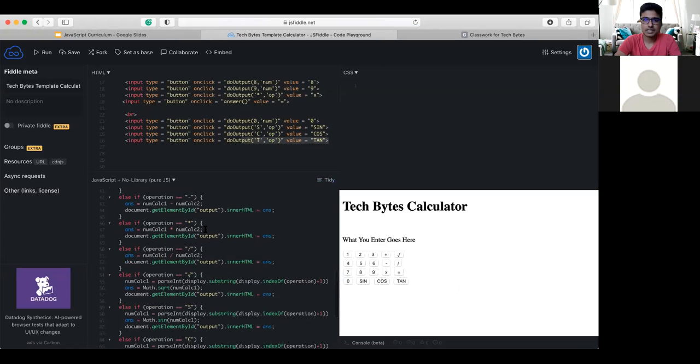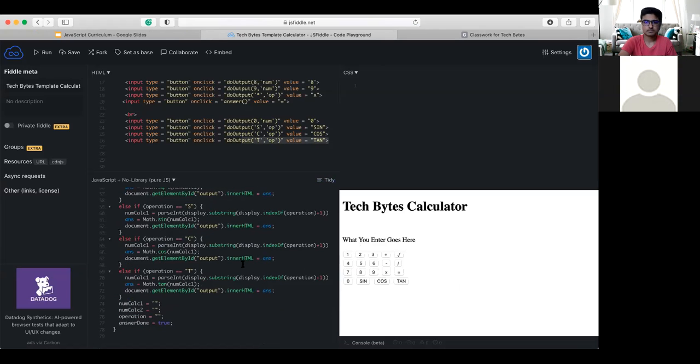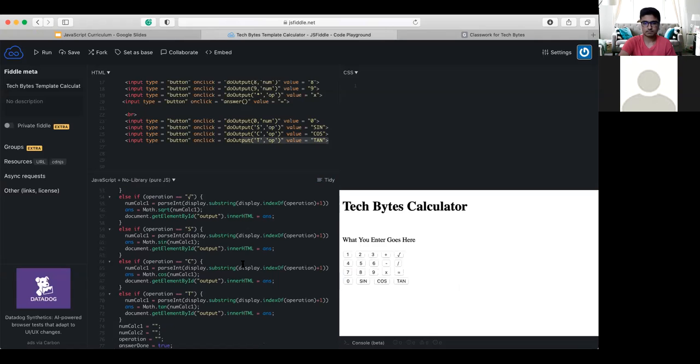Give everybody a minute to catch up. And as you guys are catching up, we can essentially use all of these trig functions now.